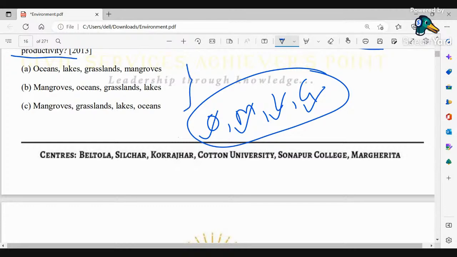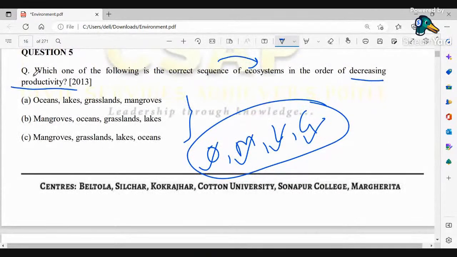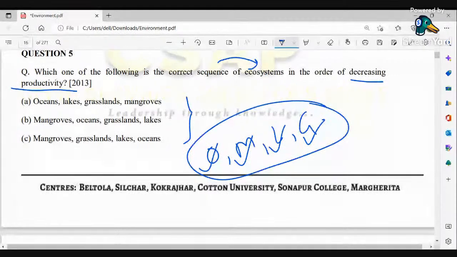So here it has been asked about decreasing productivity. Question number 5, correct option give us. Correct sequence of ecosystems in order of decreasing productivity.